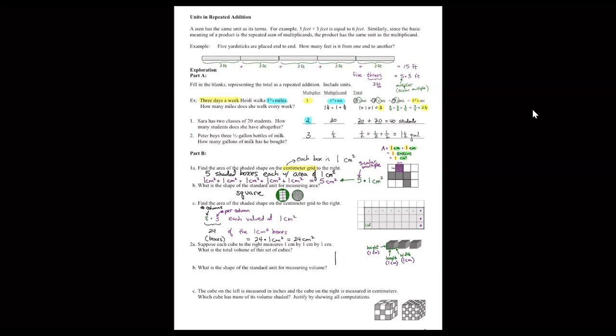Still not a square. Definitely not a square. Square. All right. So if we know that this square has a base of 1 centimeter and a height of 1 centimeter, its area is 1 square centimeter.